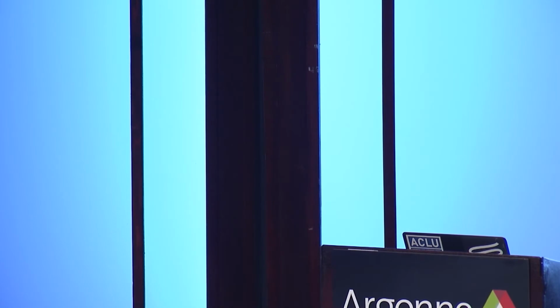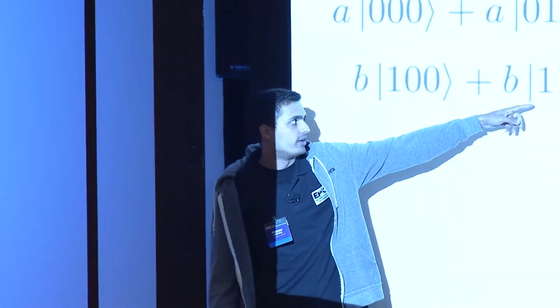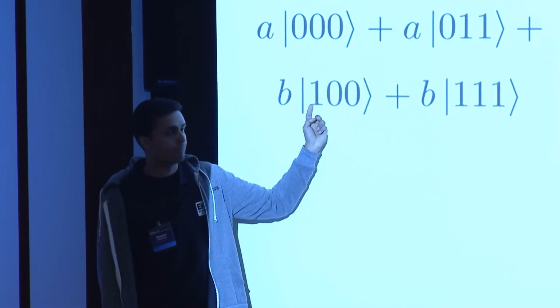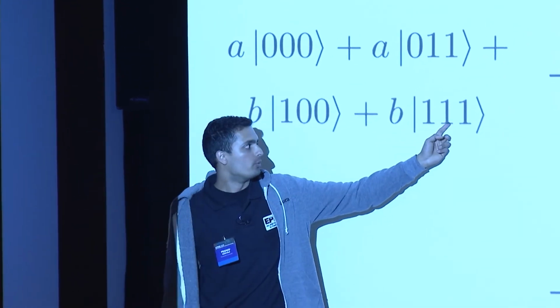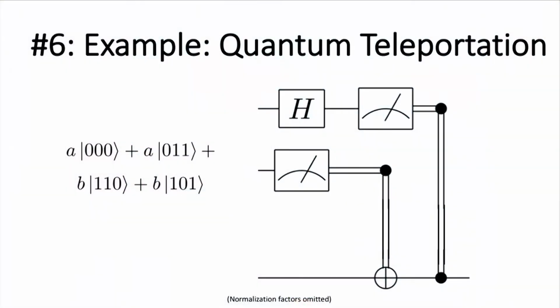So that means that the A00 and A01 states, no changes because the control bit is 0. The B states, we have a 1 in the control bit. So all we do is take the middle bit and flip it. So 100 becomes 110, 111 becomes 101. That's what happened there. The next gate that we apply is the Hadamard gate, which again has this matrix 1, 1, 1, negative 1.